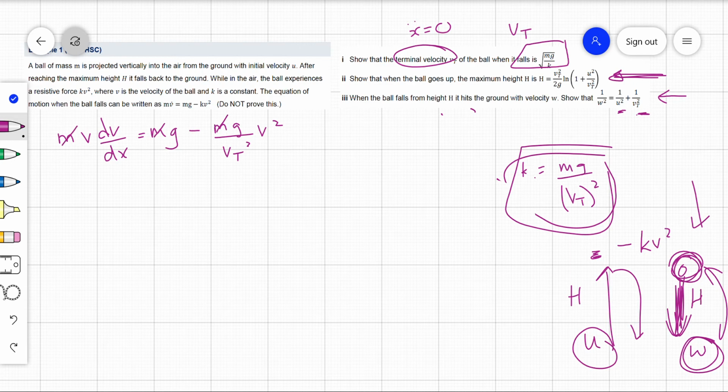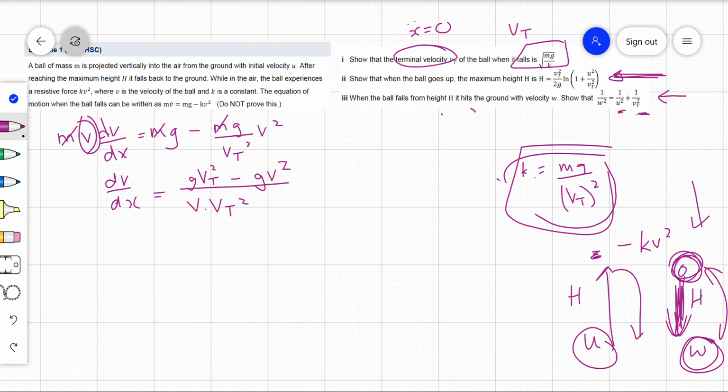So I'm going to get dv dx. Now I would have made this a common denominator. So it's g vt squared minus g v squared, and I'm dividing through by this v here, so this will be times v there.